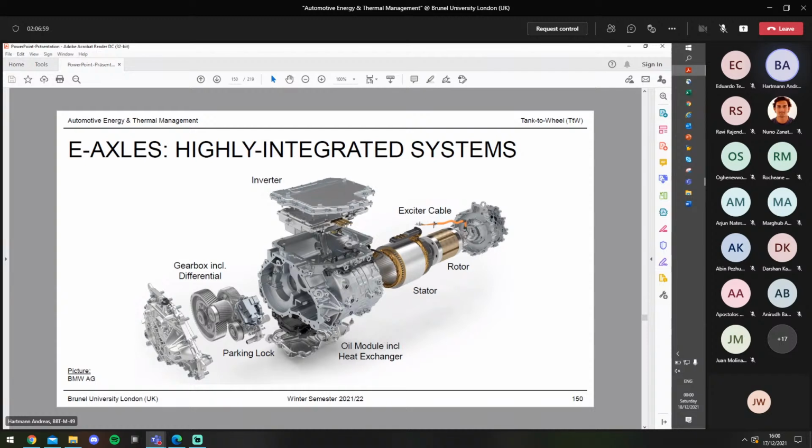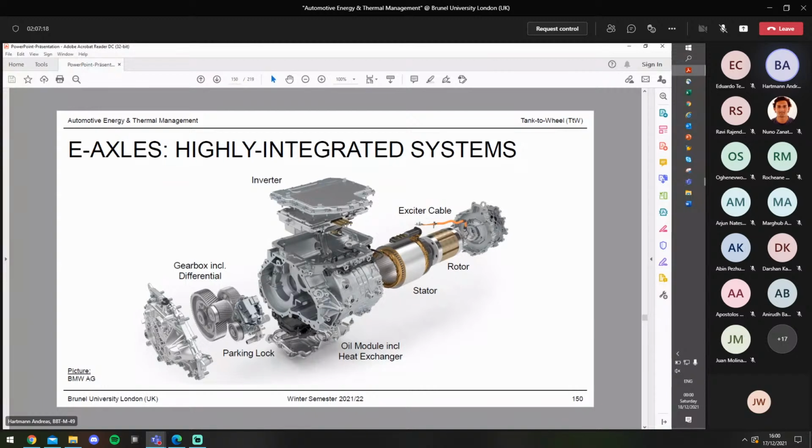Also the control unit is included. Then we've got the gearbox, including differential, also parking lock included in order to fix the gears when parking the vehicle.